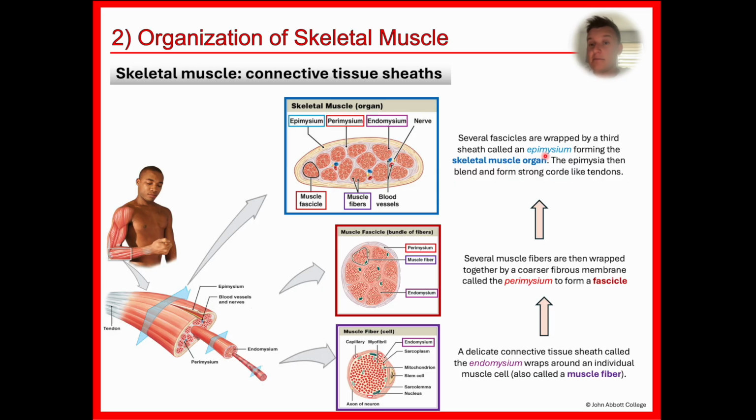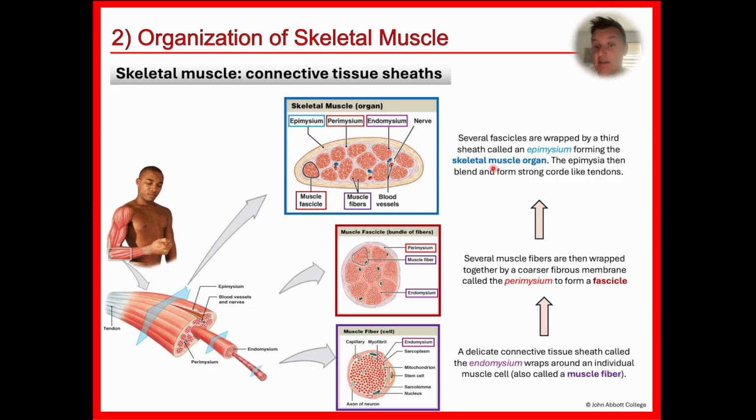Remember, epi means on top, the top layer. Mysium, the muscle, so the top layer of connective tissue on the muscle, epimysium. And this forms the skeletal muscle organ. This will wrap around and create whatever this muscle is, let's say your biceps or your triceps. That'll form the outer layer. So here's your epimysium, making that outer layer of your muscle organ.